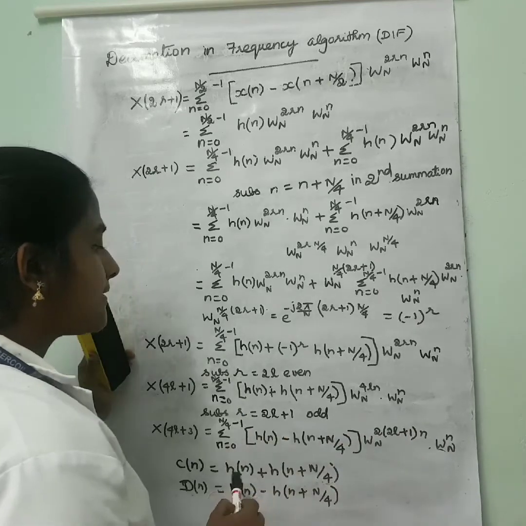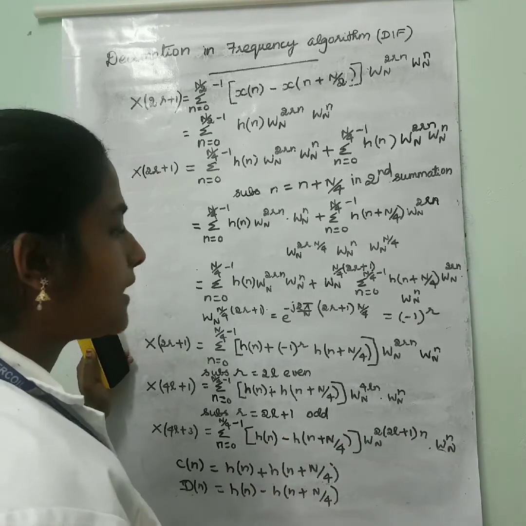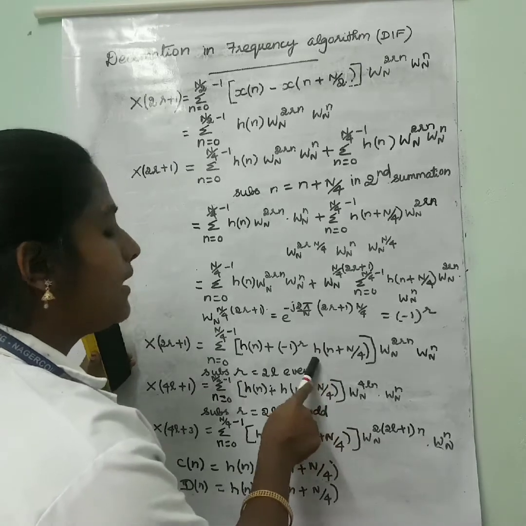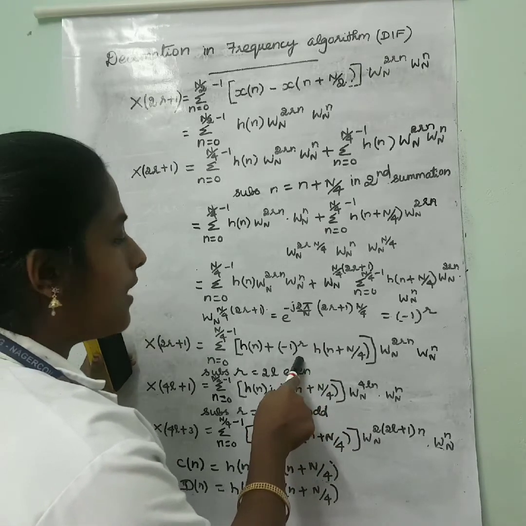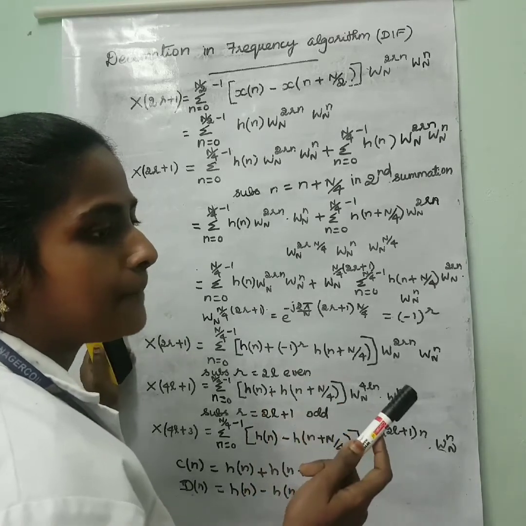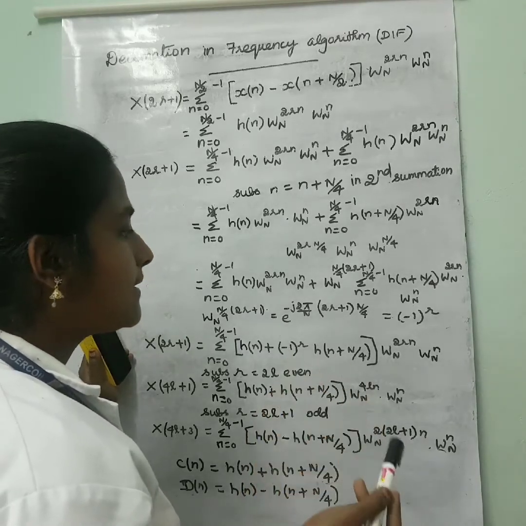In the next case, substitute r is equal to 2l plus 1 in this equation. When you substitute r is equal to 2l plus 1, that is the odd part, the sign is minus, since an odd power gives minus.